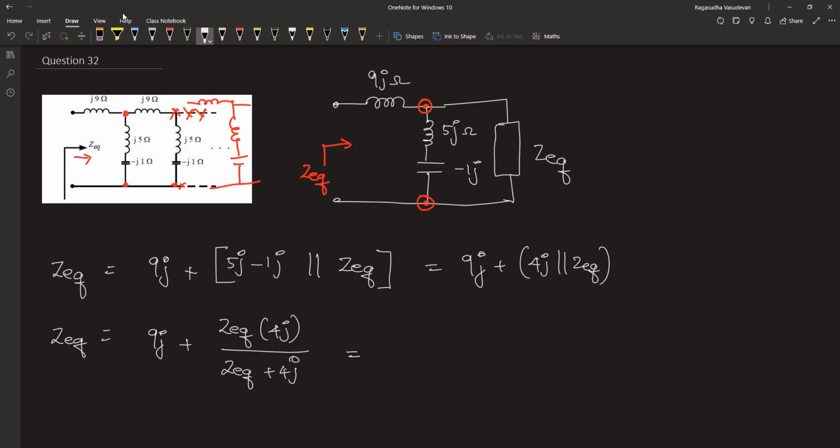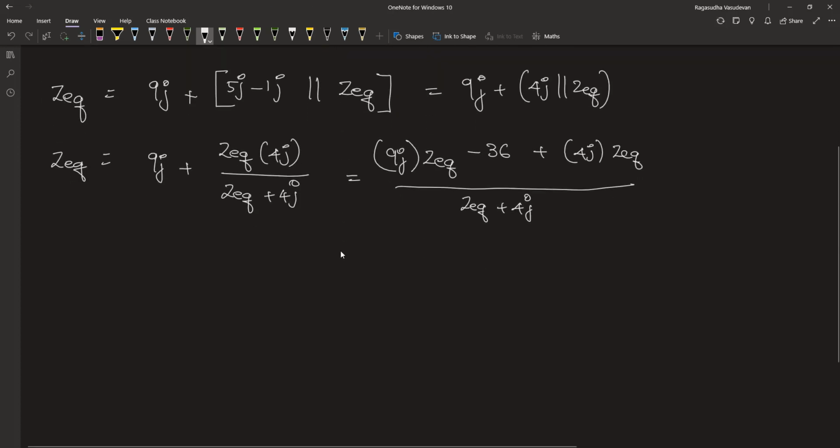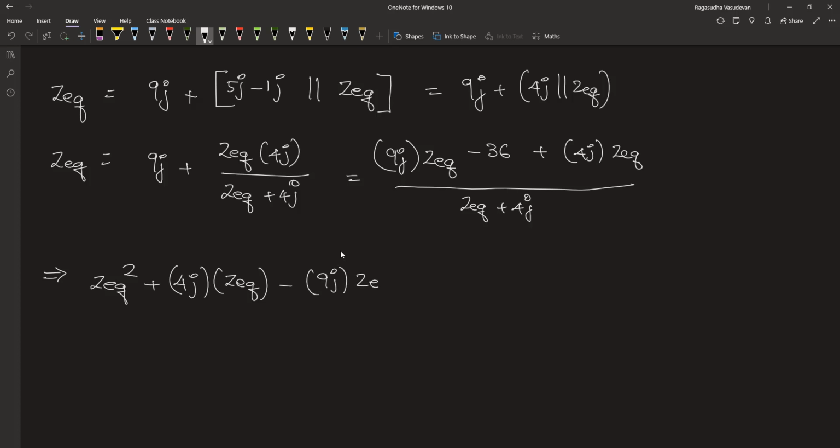On taking the LCM, we get 9J into ZEQ minus 36 plus 4J into ZEQ, divided by ZEQ plus 4J. On simplification, we can get the value of the equivalent impedance. This implies ZEQ squared plus 4J into ZEQ minus 9J into ZEQ minus another 4J into ZEQ plus 36 is equal to 0.